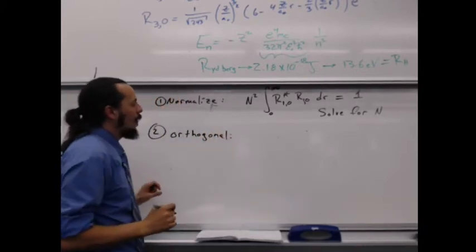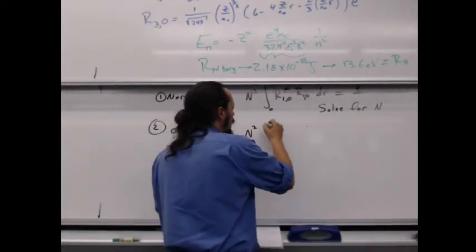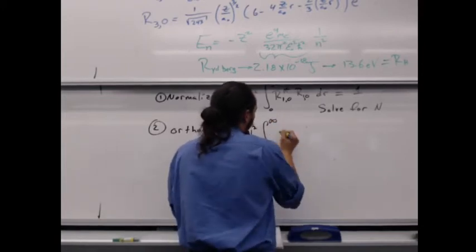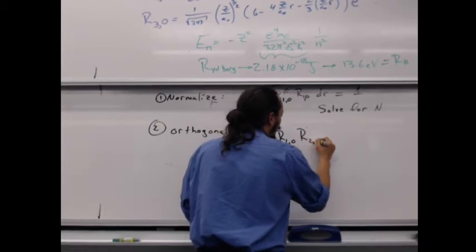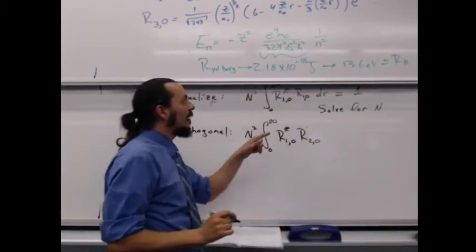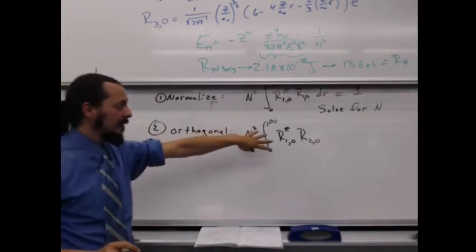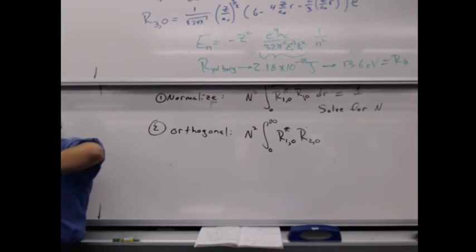We can prove that they're orthogonal. Again, we have an n squared out there. We just don't care about it that much because we want this integral to be 0. We'd be looking at R10, R20. Again, complex conjugate. These functions are real, but one of the common mistakes on the midterm was people just squaring and not taking the complex conjugate.